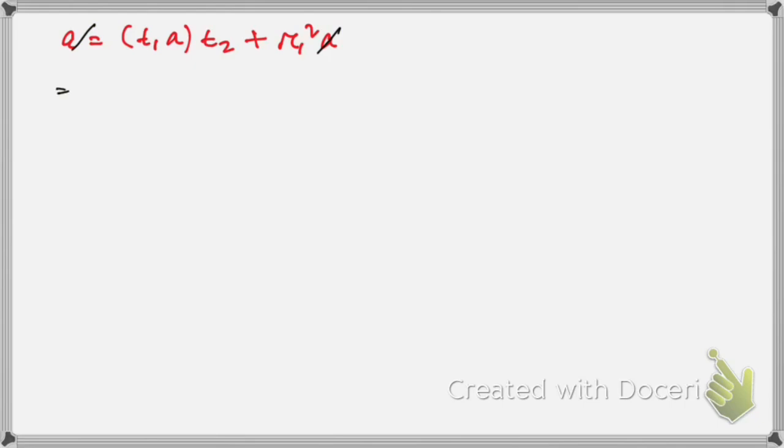Then if you simplify, we will get T1 T2, and this A also cancelled, right? That's going to be equal to 1 minus R1 square. This is suppose equation 1. So this we have got from the ray OA.